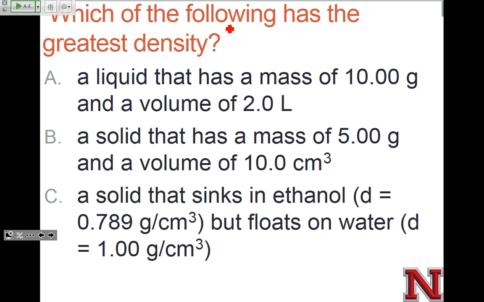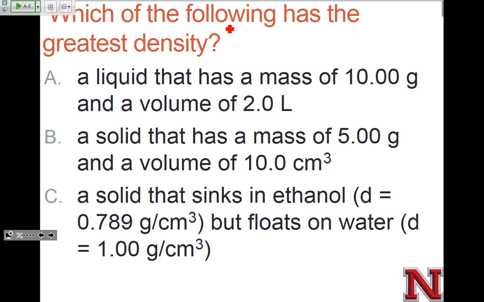So looking at this one, first off, we are not calculating into density. So that's one thing we need to do to be able to compare these. It's kind of irrelevant, solid, liquid, because we're just asking which has the greatest density. What we can do, however, is this is centimeters cubed, this is centimeters cubed, that's liters.